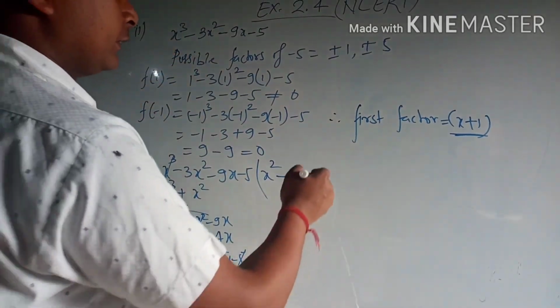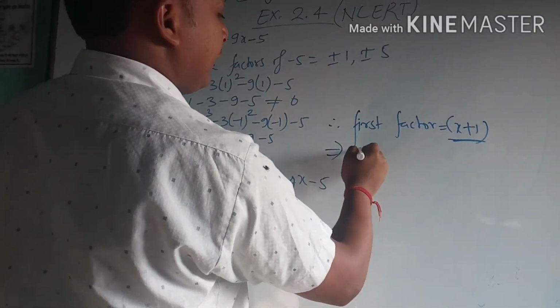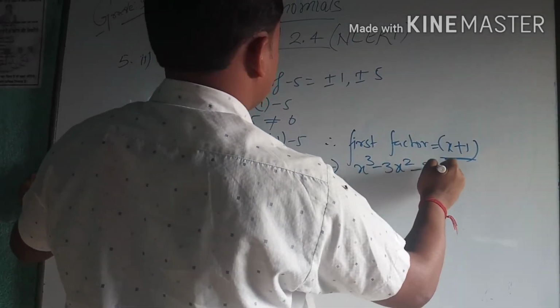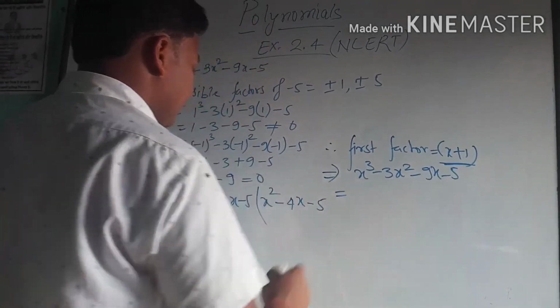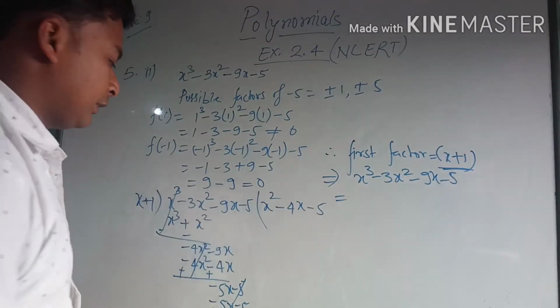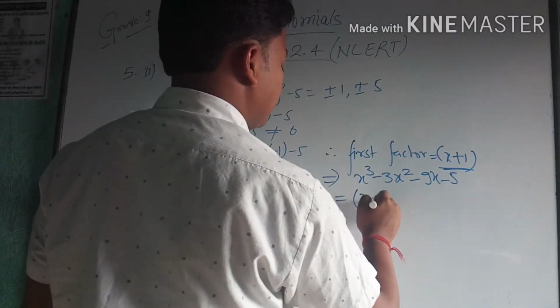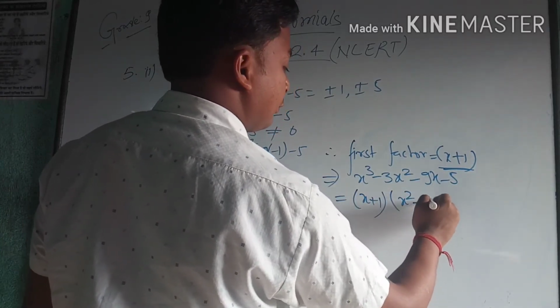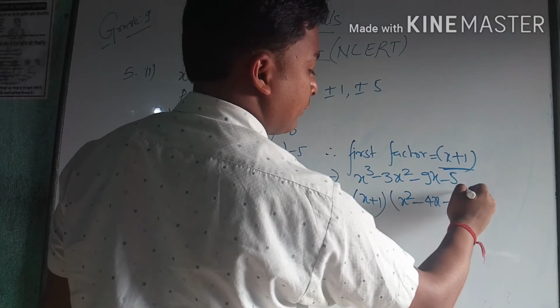This equation, x cube minus 3x square minus 9x minus 5, can be written as divisor into quotient. That is equal to x plus 1 into x square minus 4x minus 5.